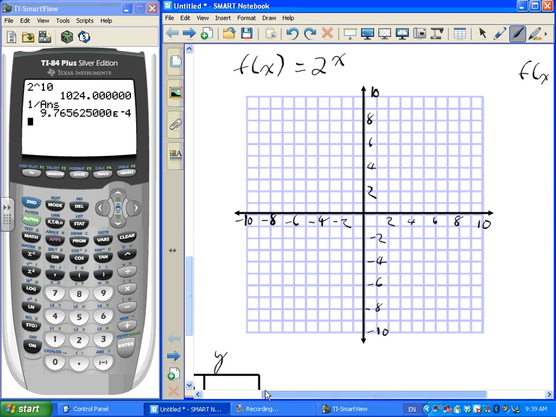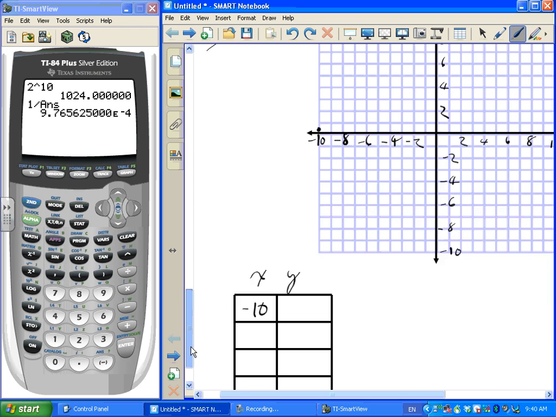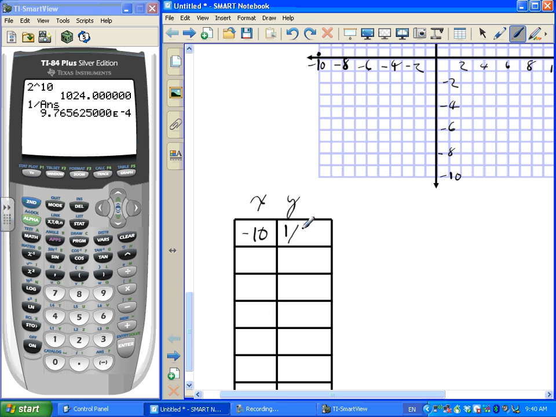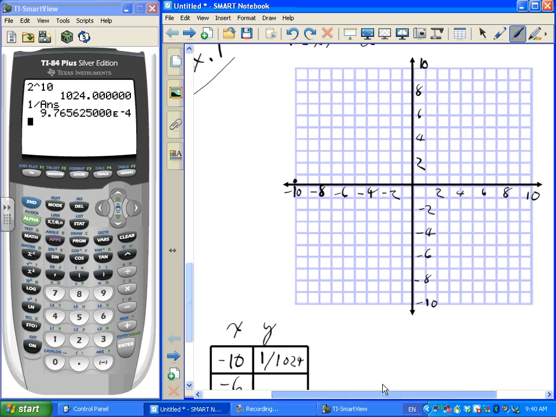You guys notice it's very close to 0, but it isn't exactly 0. So we're going to get very close to the x-axis. Now, I'm going to write this as a fraction. It was 1 over 1,024. I'm going to jump to 6. Exact same question. This time our exponent is 6.